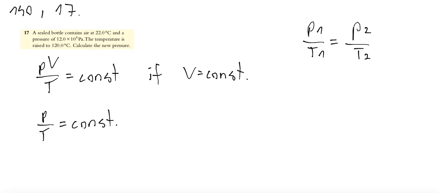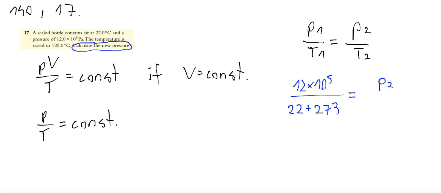Okay, so what do we know? We know the pressure before, so it's 12 times 10 to the power of 5, and the temperature before, but remember, temperature must be expressed in kelvins, so to the degrees Celsius scale you must add 273. This is equal to P2, which is unknown. The question is to calculate the new pressure.